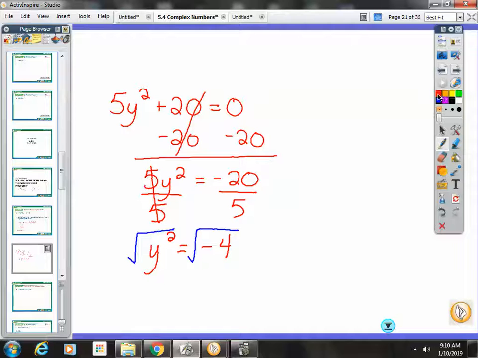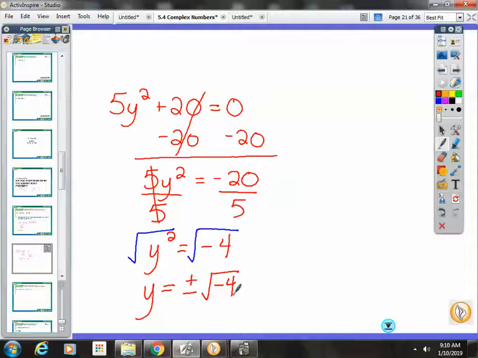Okay, so what do we have left? We're actually going to have two answers here. There's a rule in math, and it says when you add a square root to a problem, you have to have two solutions. You're going to have a positive root, and you're going to have a negative root. If we add the square root to a problem, we have to add in plus and minus. Square root of negative 4.